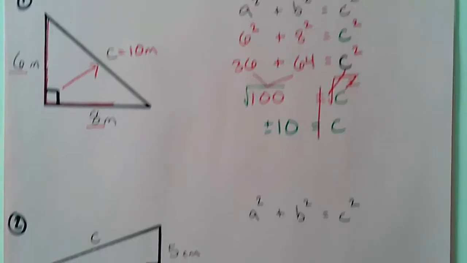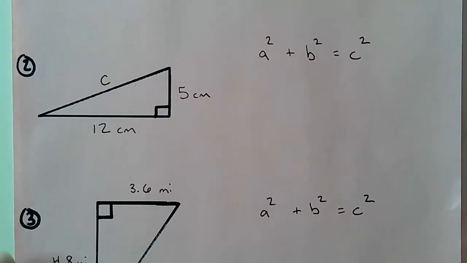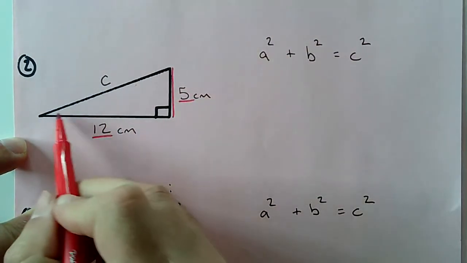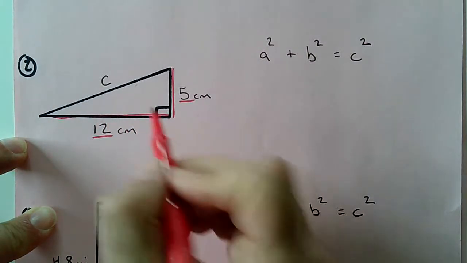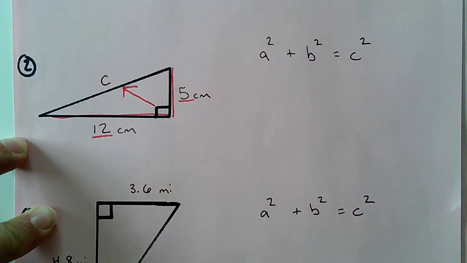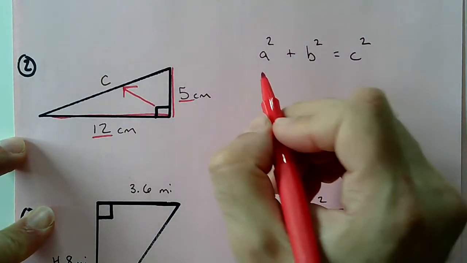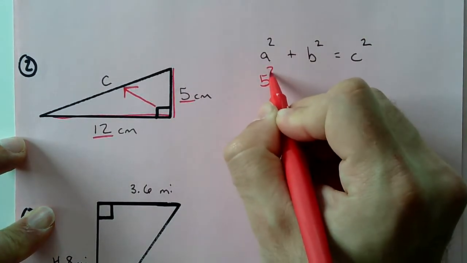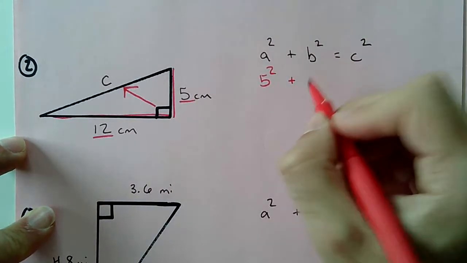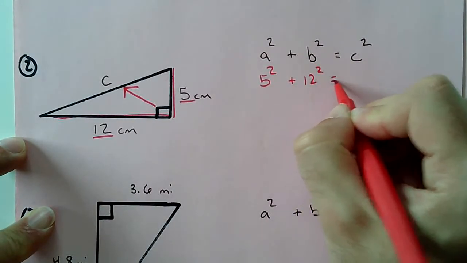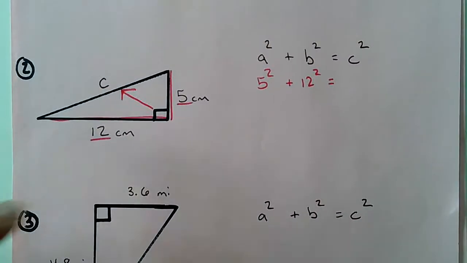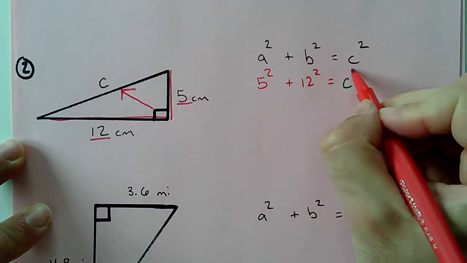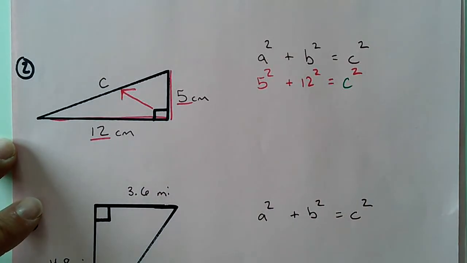Let's go ahead and do another one. All right, 5 and 12. They're my legs, right? For my L. C is my hypotenuse. It's across from my 90-degree angle. So let's go ahead and throw them in. 5, going to put it in for A. 12 going in for B. And C, I don't know. So C stays C. Evaluate these.